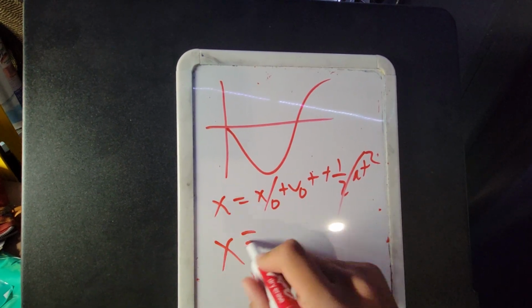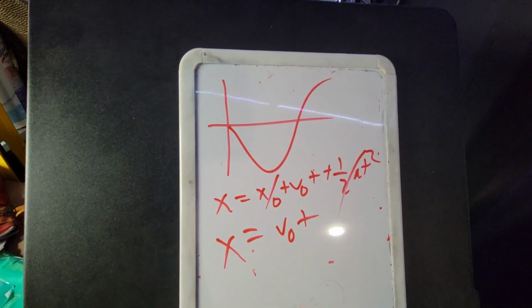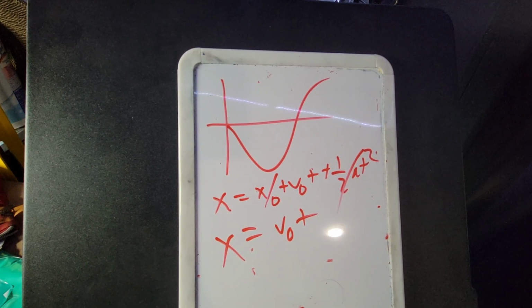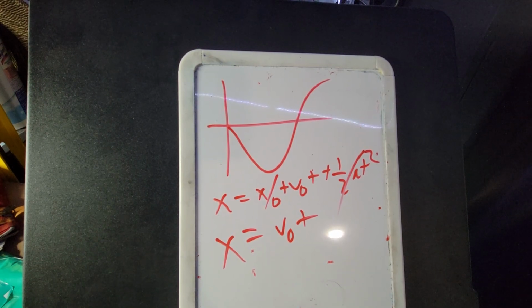Okay, so x is equal to v0 t. The initial velocity is, for a 3-second time period, 1 meter per second. At 3 seconds, it's 1 meter.